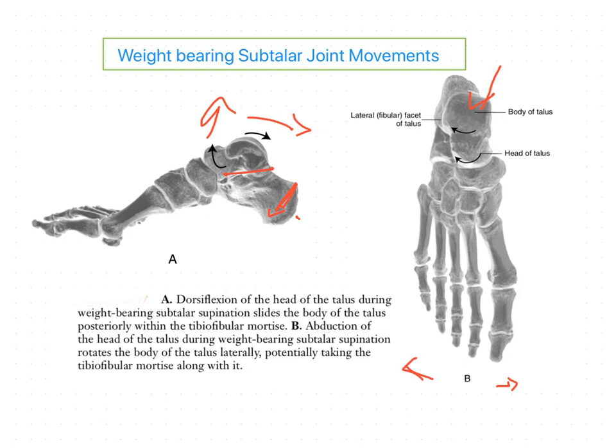So here we can see the abduction of the head of the talus. That means the body of the talus is going to rotate laterally, which is taking place under the tibiofibular mortise, as we have seen in the ankle joint.